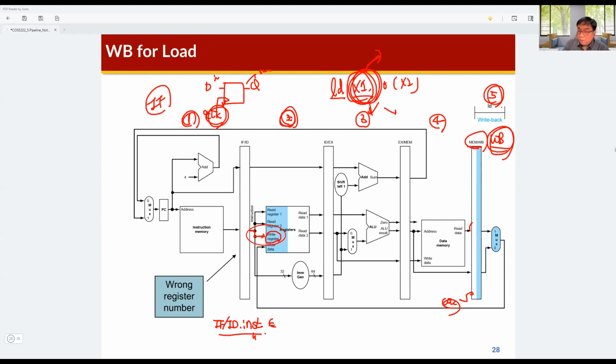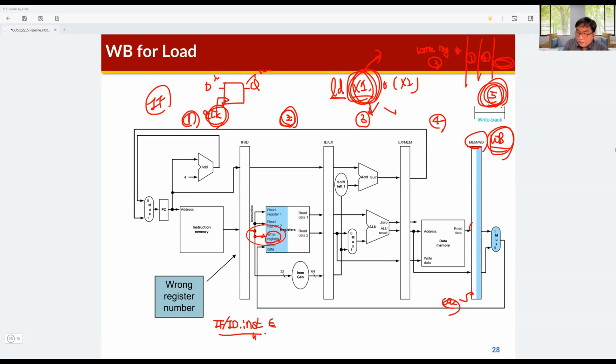But the write back of this load instruction is performed at clock cycle number 5. Understand? So actually the write register number is generated at clock cycle number 3, 4.